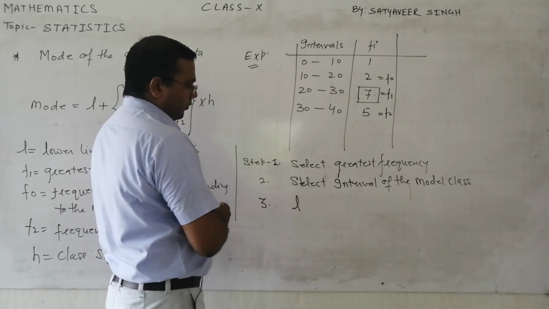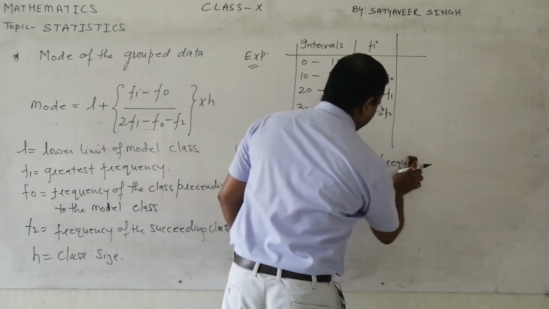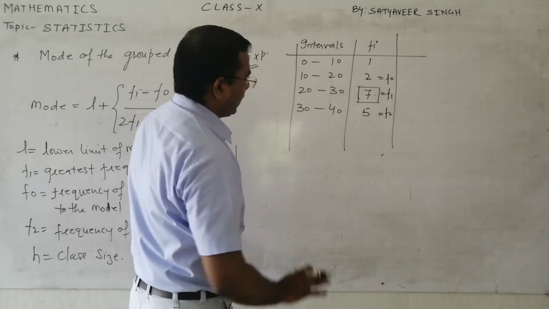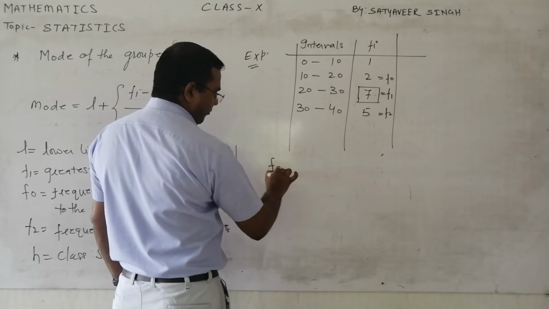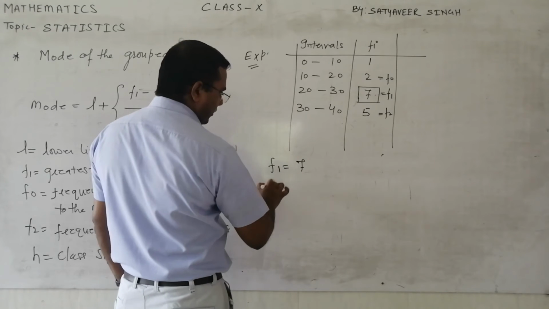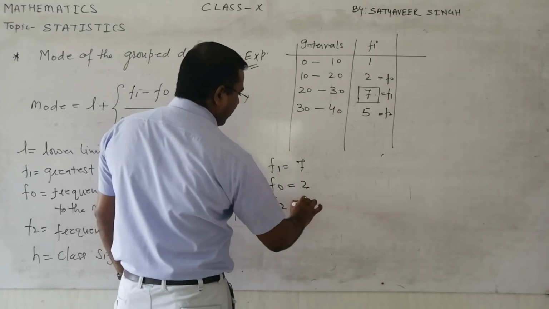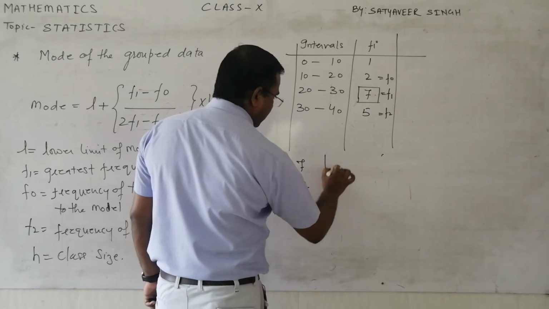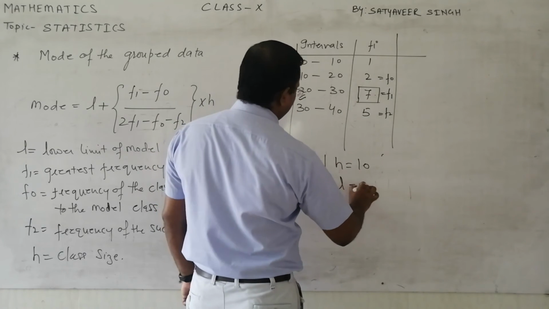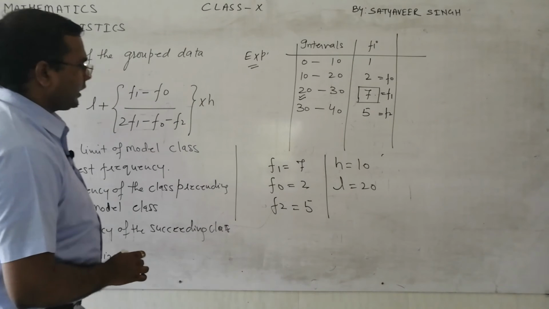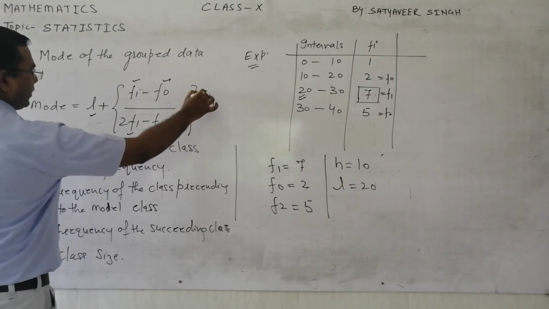What is the value of F1? It is 7. The value of F0 is 2. The value of F2 is 5. What is the class size? It is 10. What is the value of L? It is 20. So these are the only terms required for finding the mode of the group data.